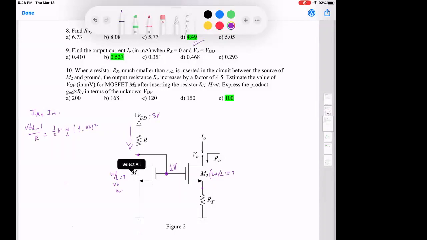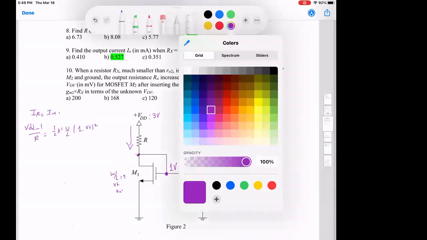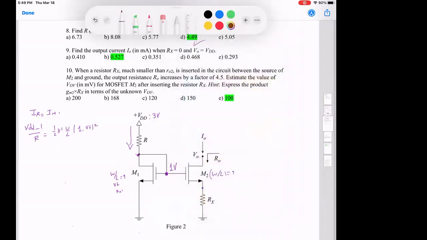Then he tells me, now I'm going to look at the output node. And at the output node, in the first question, he's asking me to assume that Rx is 0. So he's telling me let Rx equal 0 and let VO equal VDD. So let me assume that this node is VDD, so this is 3 volts, and that this does not exist, it's shorted here. And he's saying find the output current.